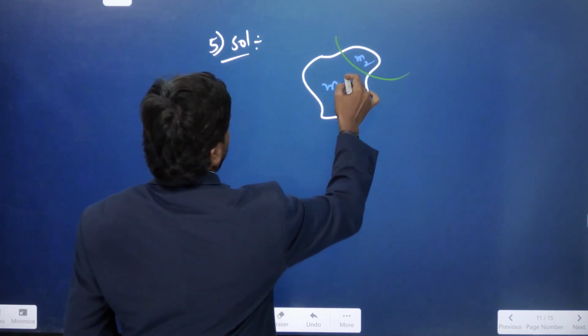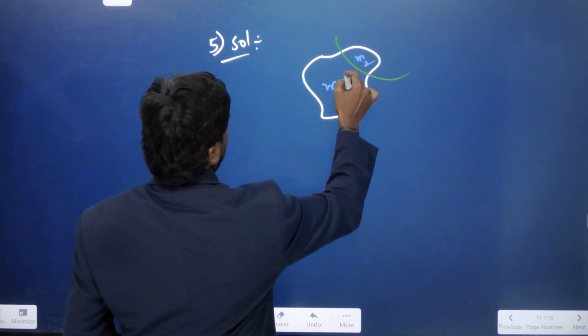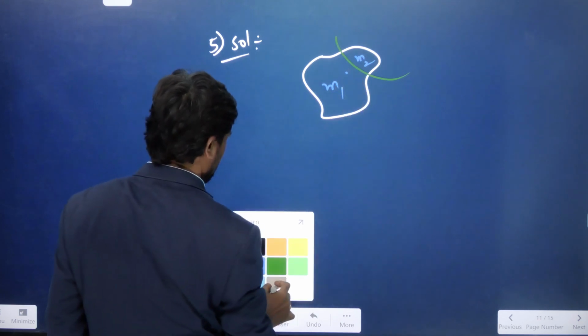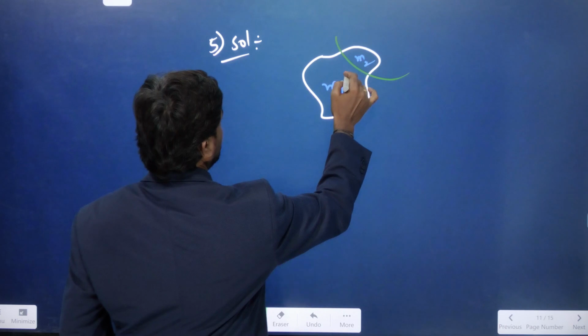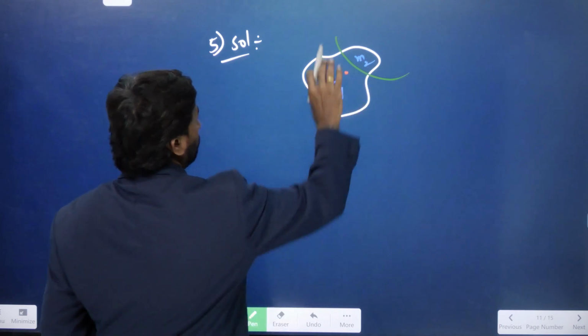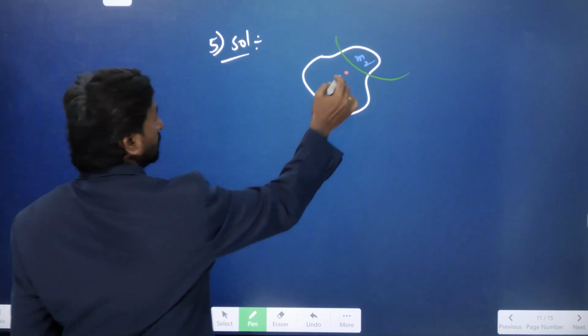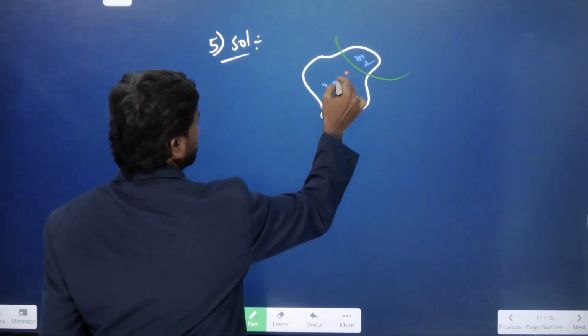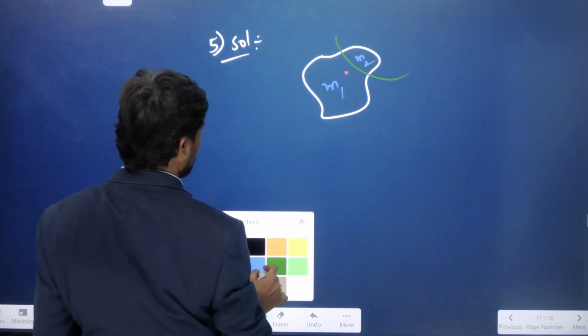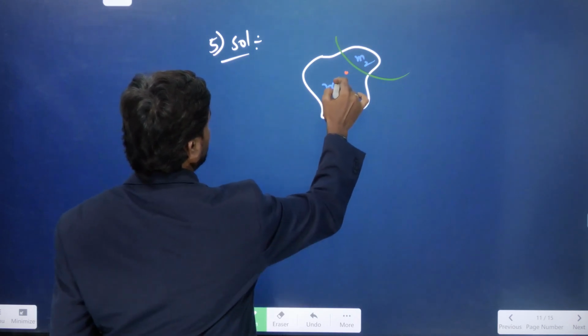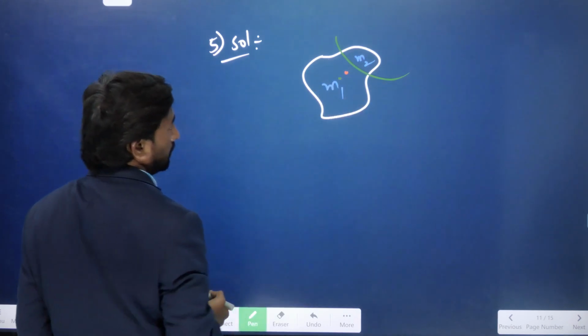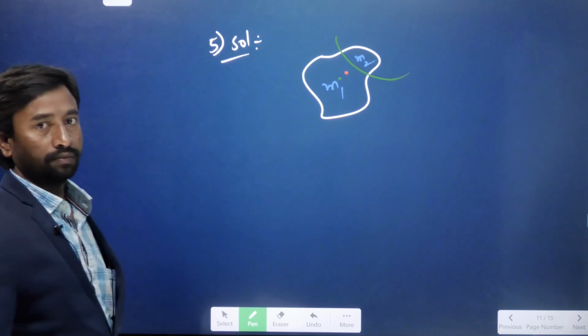Initially the center of mass, suppose, was here. After removing the m2 mass, the center of mass will be shifted to here. Let us consider it is shifted toward the bigger mass.